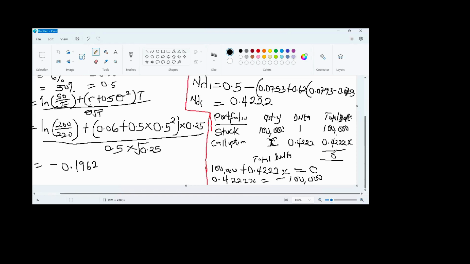Please note, my X is equal to negative 100,000 divided by 0.4222. What is X, please?